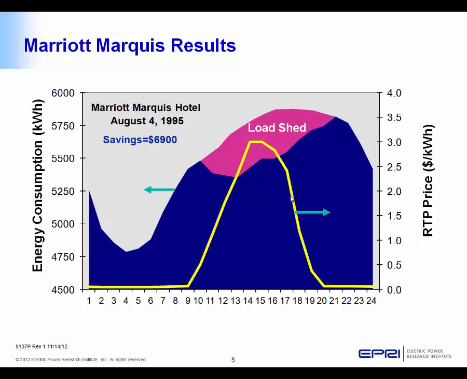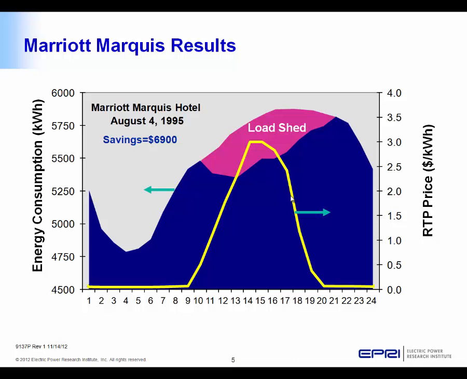Here's an example of one of these early demonstrations of making this work at the world's largest hotel, the Marriott Marquis Hotel in New York City. In the 1995 study that was done, we integrated into the building's energy management system the ability to receive and react to pricing signals.